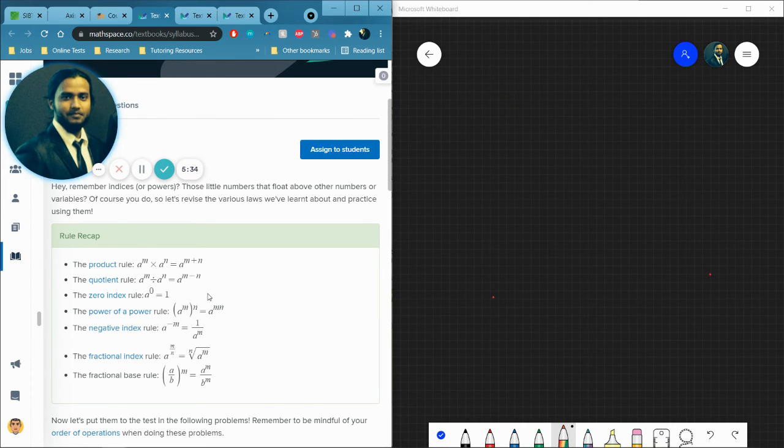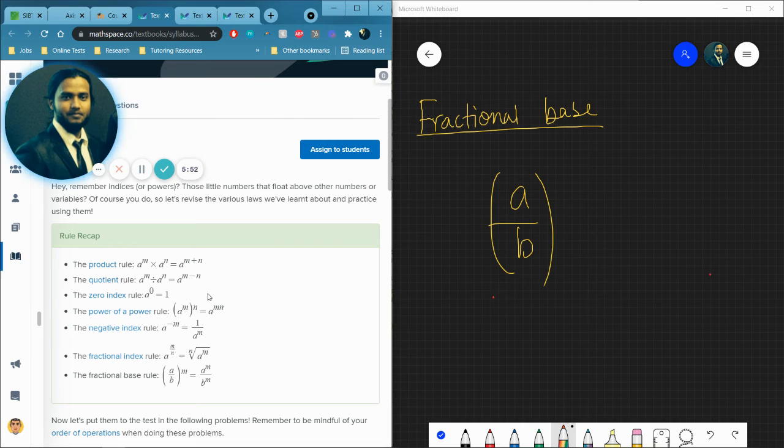Now that comes to our last index rule, which is the fractional base rule. What is that rule? This one says if you divide something and raise it to a power, this is the same thing as raising each to the power first and then dividing.